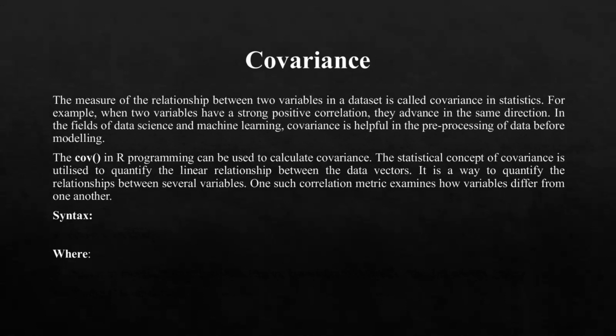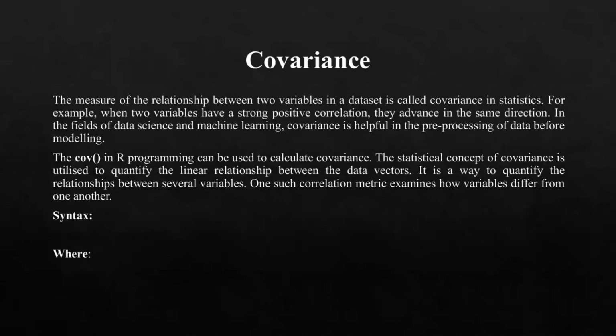The covariance function in our programming can be used to calculate covariance. The statistical concept of covariance is utilized to quantify the linear relationship between the data vectors. It's a way to quantify the relationship between several variables. A correlation matrix examines how variables differ from one another.